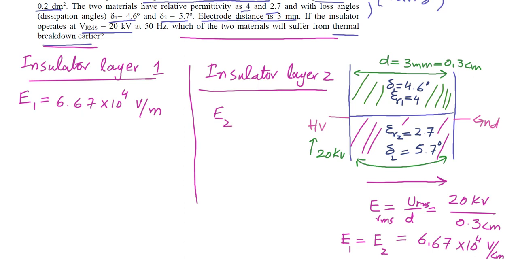E2 will also be equal to 6.67 into 10 raised to the power 4 volts per centimeter. And epsilon R1 is equal to 4. Delta 1 is equal to 4.6 degrees.